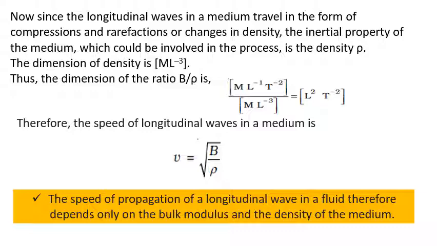Therefore, the speed of longitudinal waves in a medium will be root of B by rho, because speed has the dimensions of LT^-1. So the speed of propagation of a longitudinal wave in a fluid depends on the bulk modulus and density of the medium.